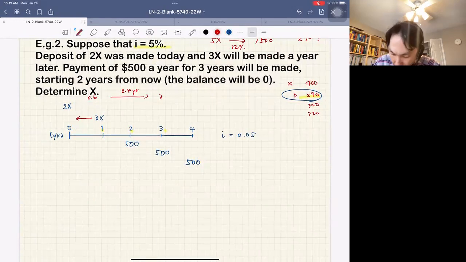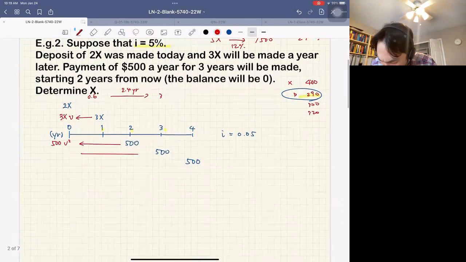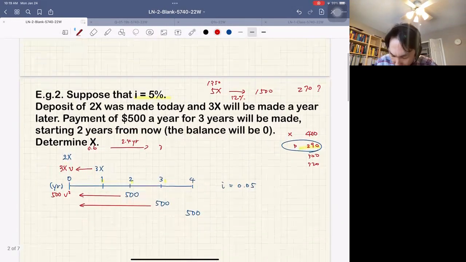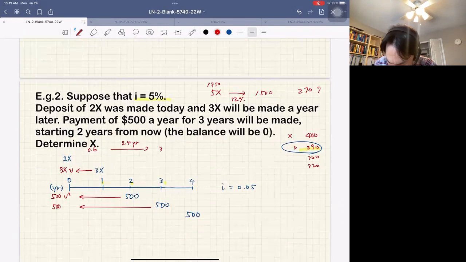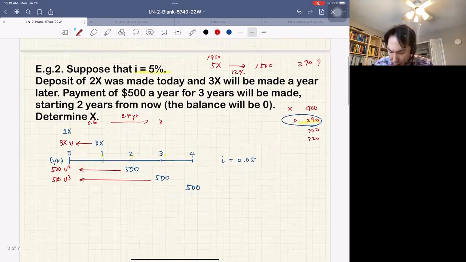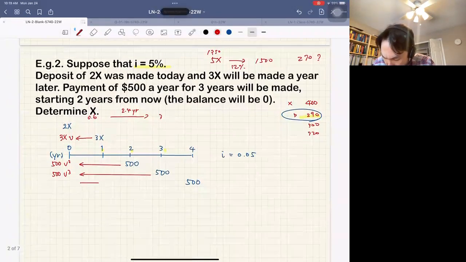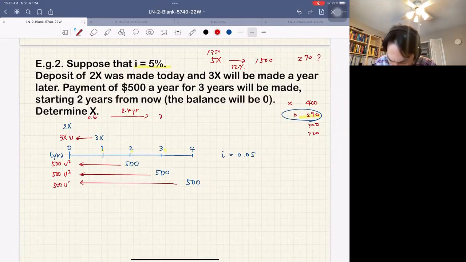So 3x is worth 3x times v, because we go back 1 year. So 500 is worth 500 times v squared here. And the second payment of 500 is worth 500 times v cubed. And the last one is worth 500 times v to the 4th power.